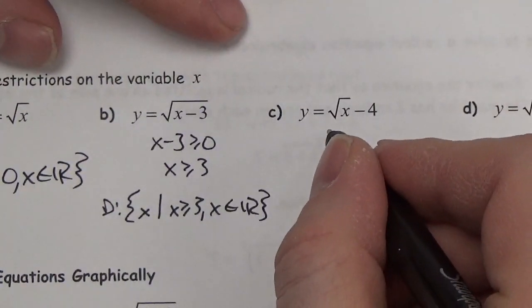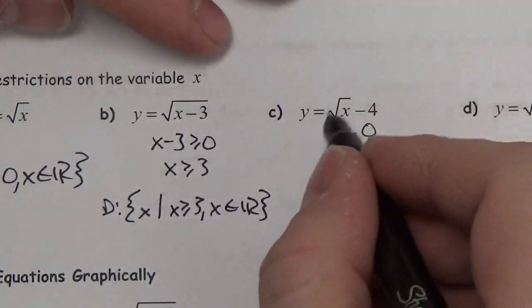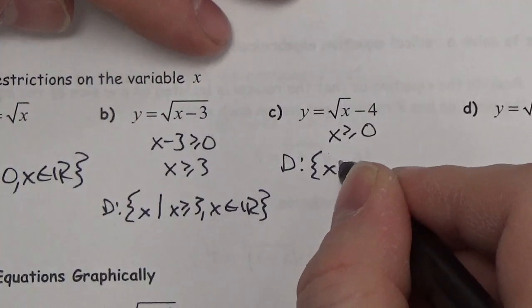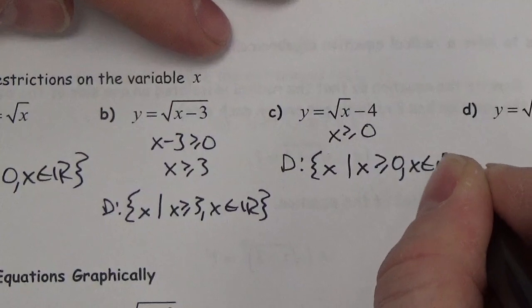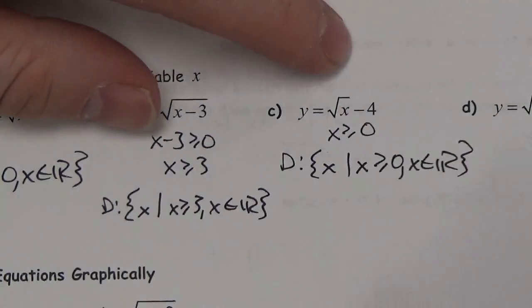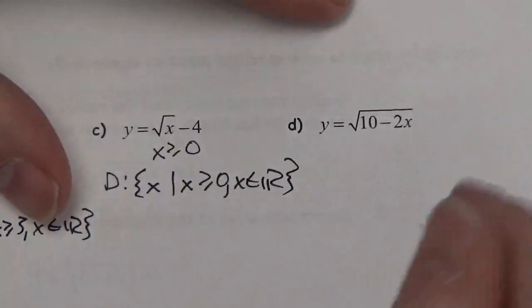So the restriction on the variable is that whatever the radicand is has to be greater than or equal to 0. Well, the radicand is just x. So that means my domain is simply going to be the set of x values such that x is greater than or equal to 0, where x is an element of the reals. Okay, that's an interesting one. Don't get fooled by that. That minus 4 is not inside the radical.